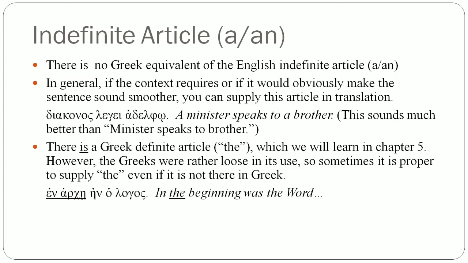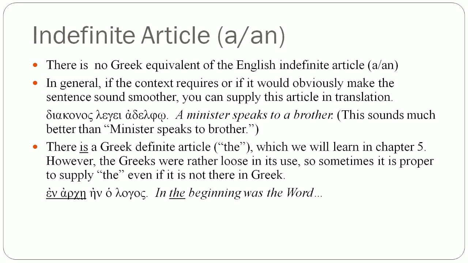When you're translating in the sentences, you can actually put this in there because the Greeks themselves were fairly loose and relaxed in its use. So sometimes even if we're missing that, you can actually stick it in there. Okay, even if it's not there in the Greek.